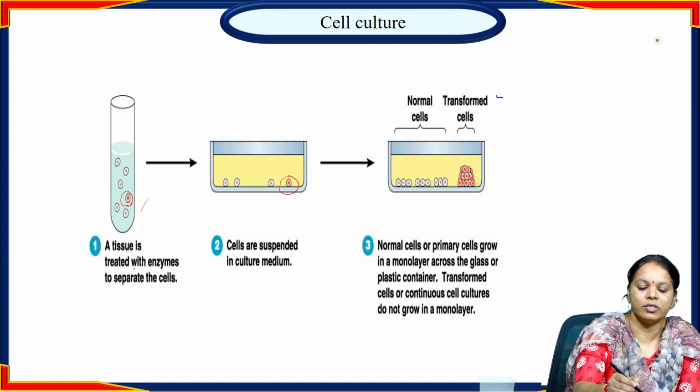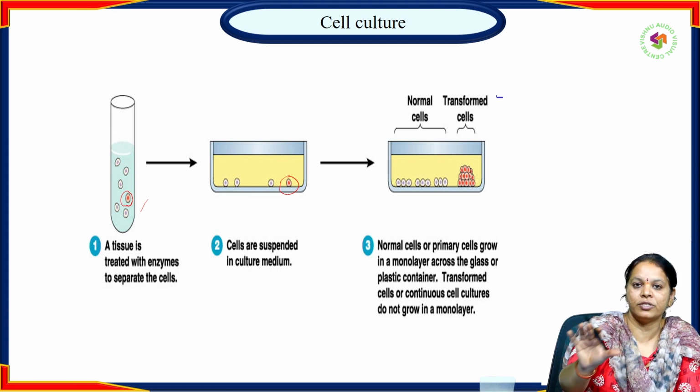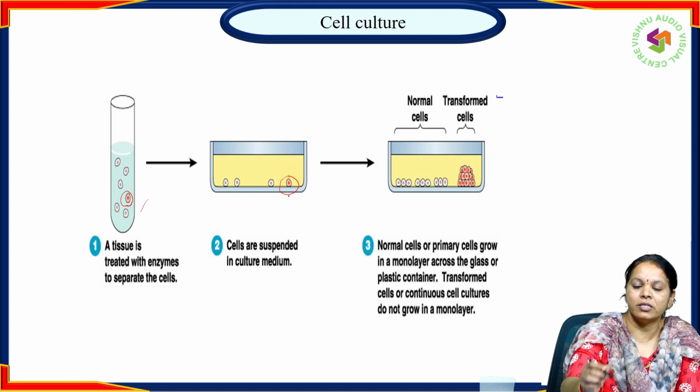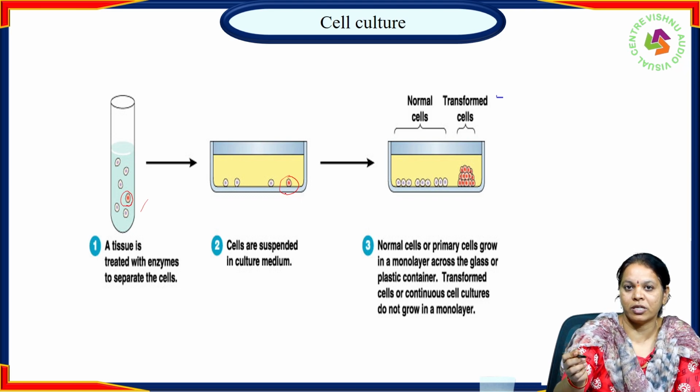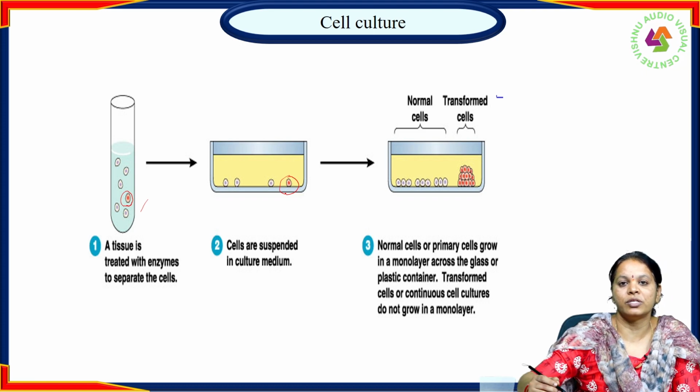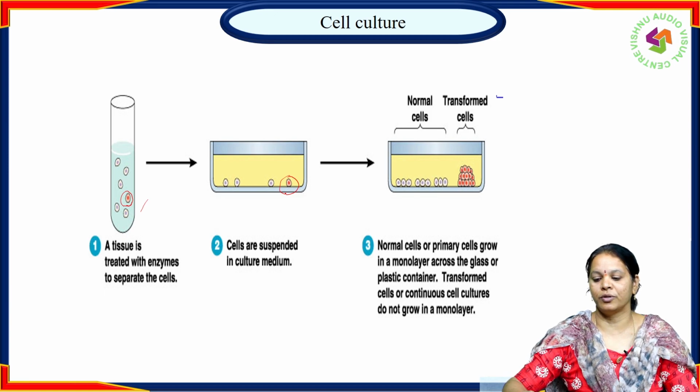So here, first, they are treated with the enzymes and they try to identify which cells are getting affected, which cells are not getting affected. Once they identify the cells which are getting affected, they try to separate them out in the culture medium and then try to see what type of changes are going to occur.